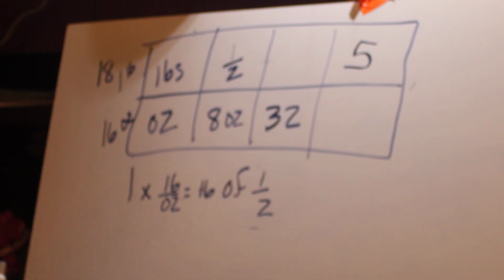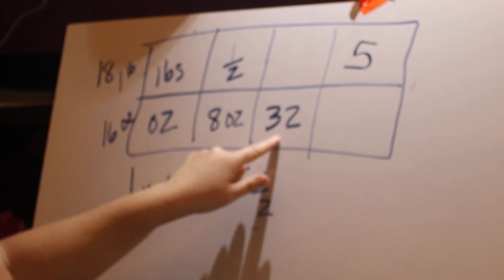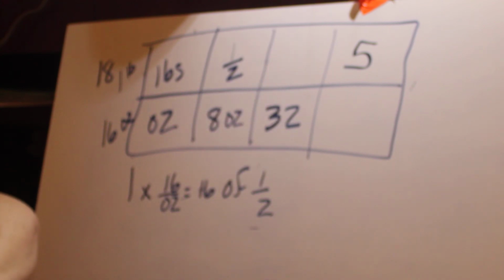Alright, so now that I know that, if this is 32 ounces, I'm going from small to large, I need to divide.